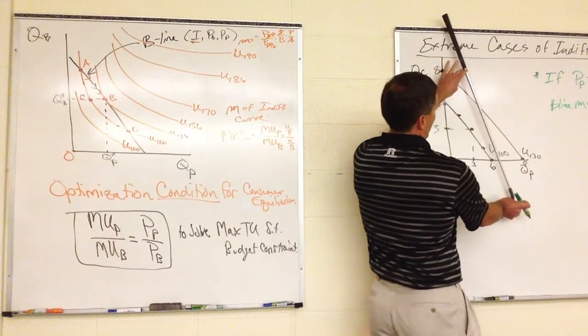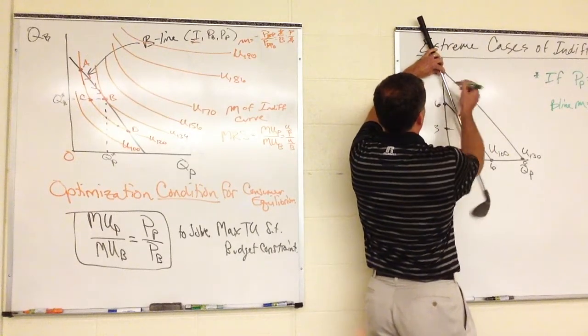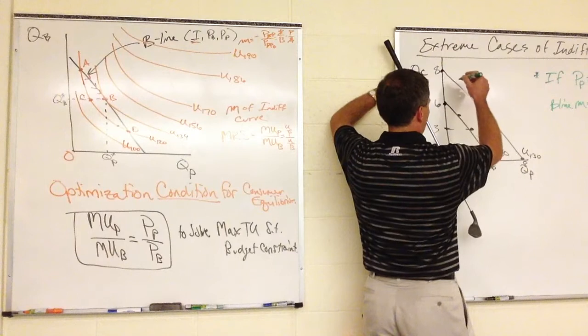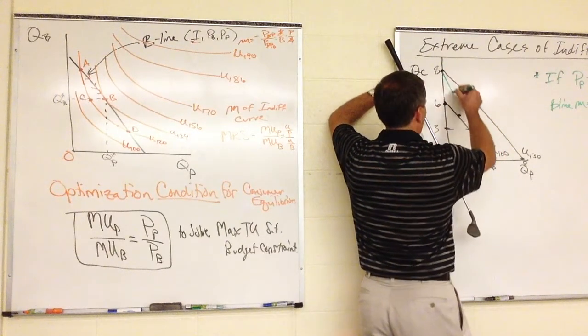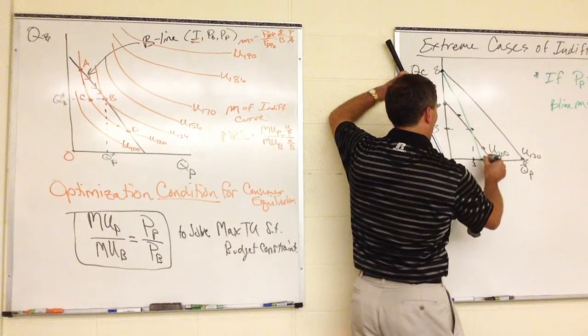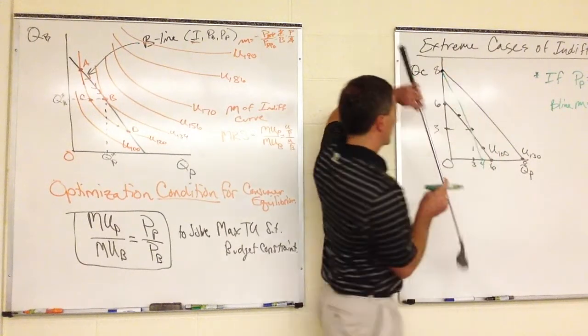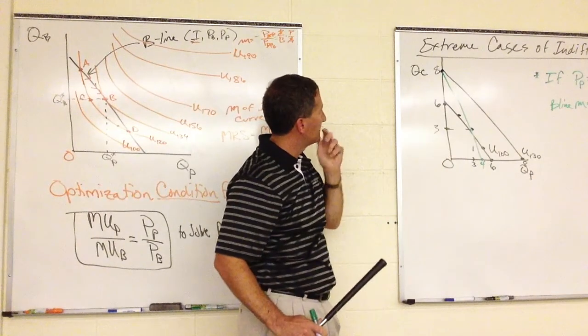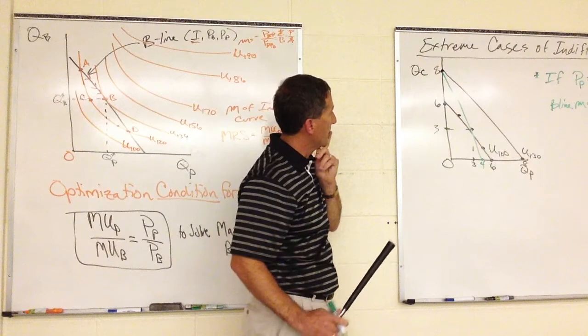So why did we end up getting all of that? Let's take this point just for fun. I'm just trying to draw a point. Actually, I guess I'm kind of running a risk here, but we'll do this. All right, that's 4. So that's what the budget line would look like. Where would we be made better off?